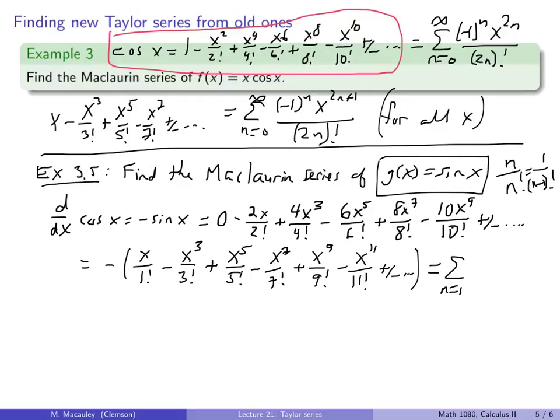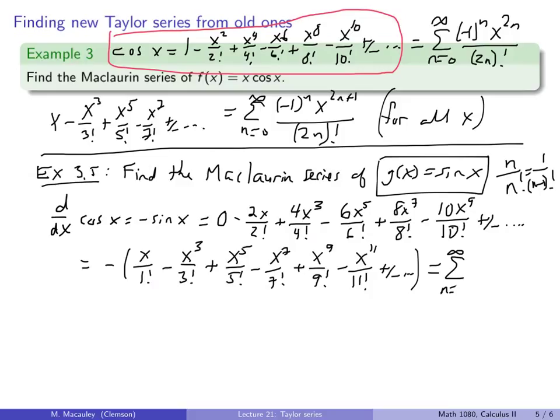Ooh, hold on, or 0. Let me delete that, and I'm going to fill that in later because I'm not actually sure. Okay, so look at this. The negative sign is negative times this.